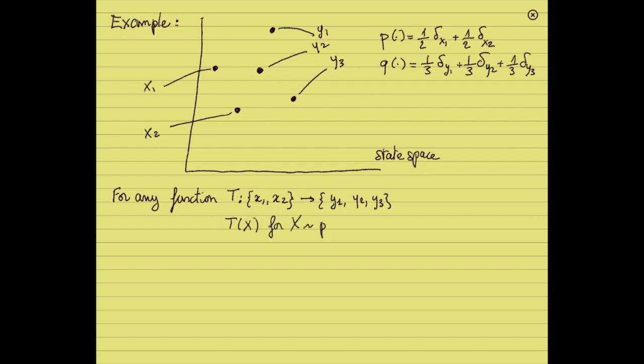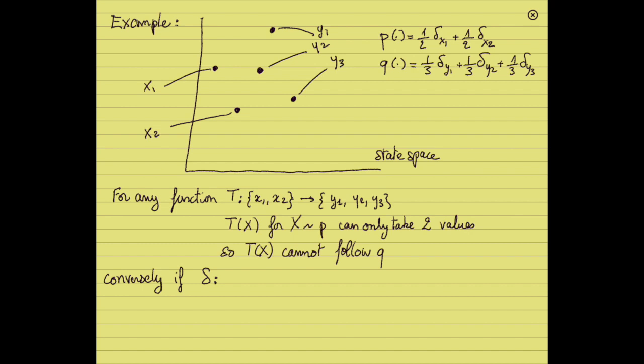And the variable T of x, where x follows P, can only take at most two different values. So in particular, T of x cannot follow the distribution Q, however you choose the function T. So the Monge problem has no solution here.